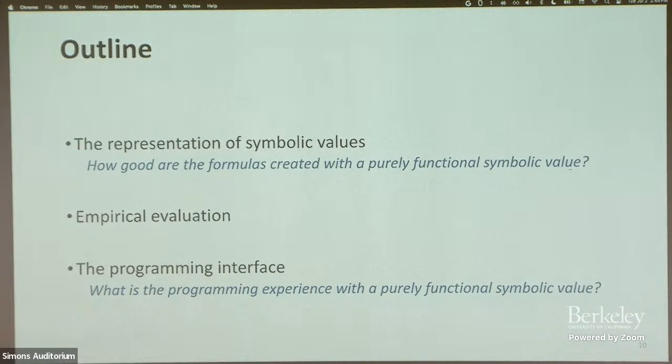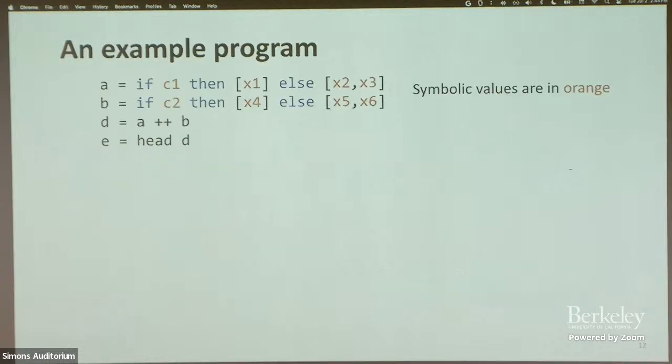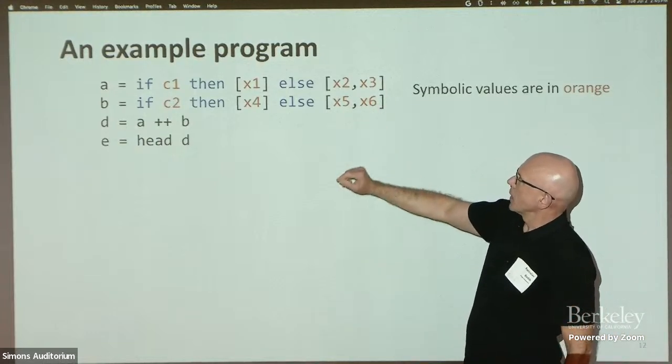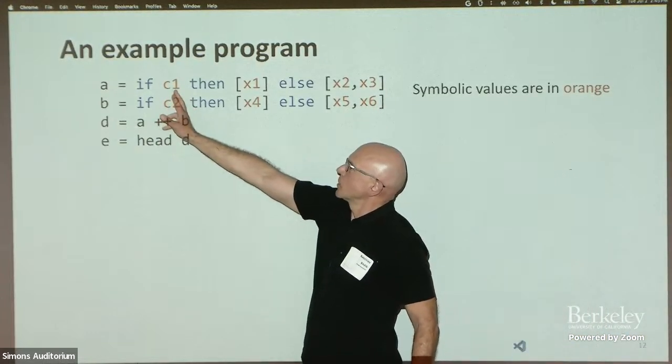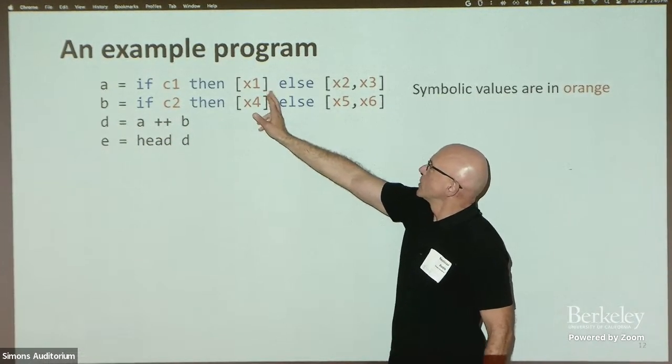And we expected to lose some performance. In fact, we ended up being better. And let me show you why this is so. It's a surprisingly simple insight. So here is an example of a symbolic program. The red things are symbolic. So in the if statement, this is a symbolic condition. If this, then you get a list with one symbolic value in it.